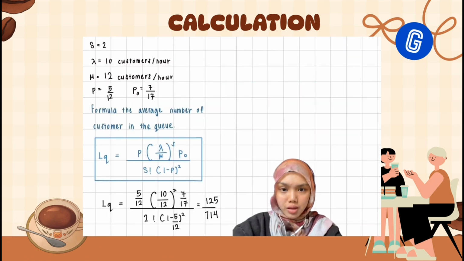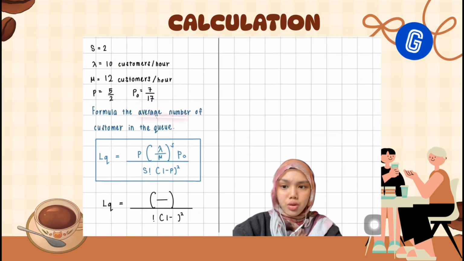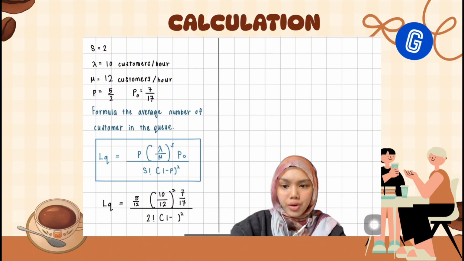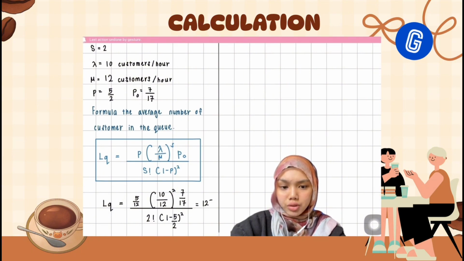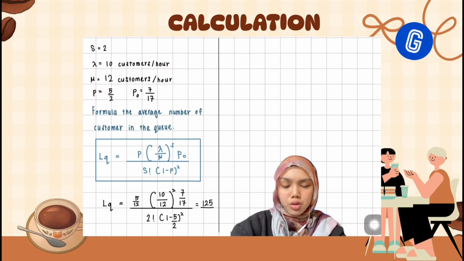After obtaining P0, we substitute it into the Lq formula to determine the average number of customers waiting in the queue, Lq. And finally, after using Lq, we get 125 over 714.